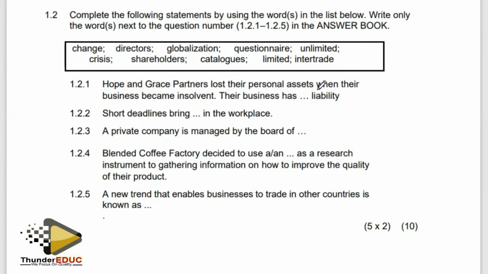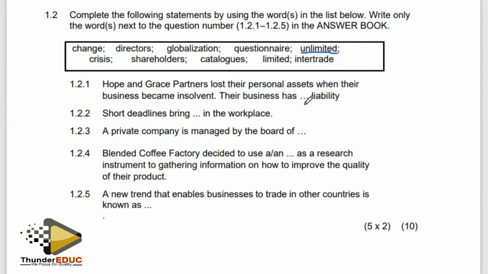Unlimited liability is when the debts and any financial obligations of the business can affect the assets of the owners. They are not limited to the capital that was contributed to the business.